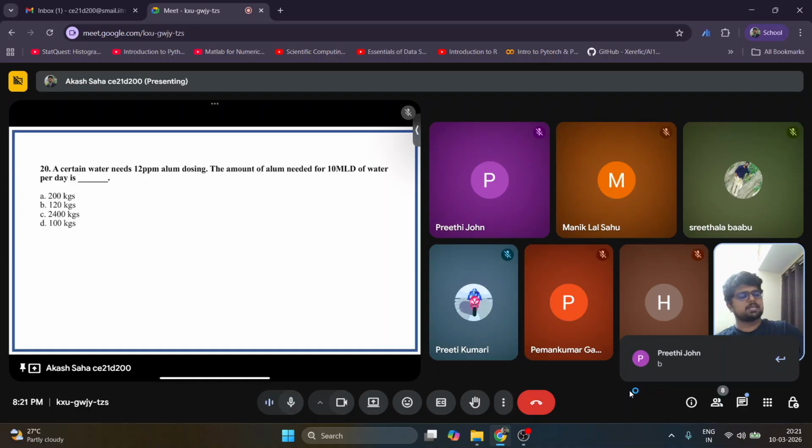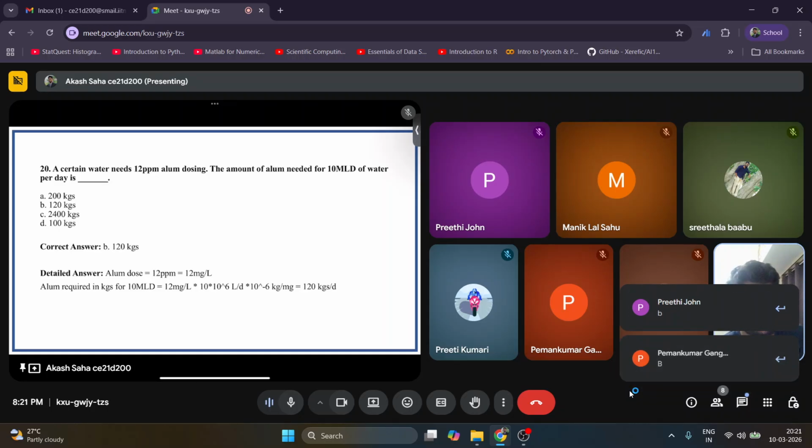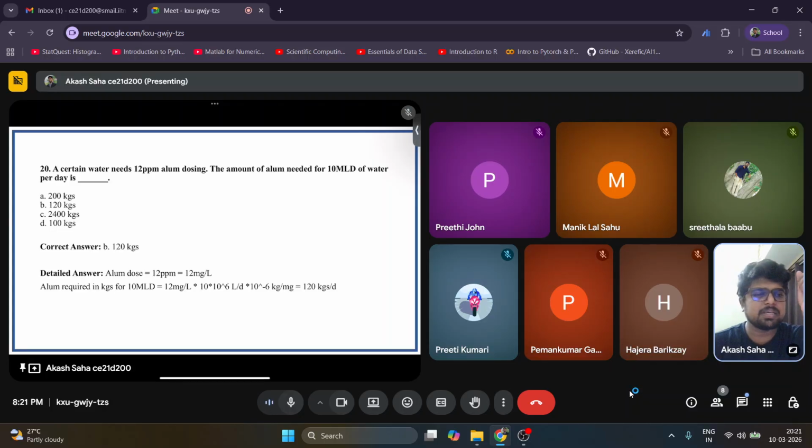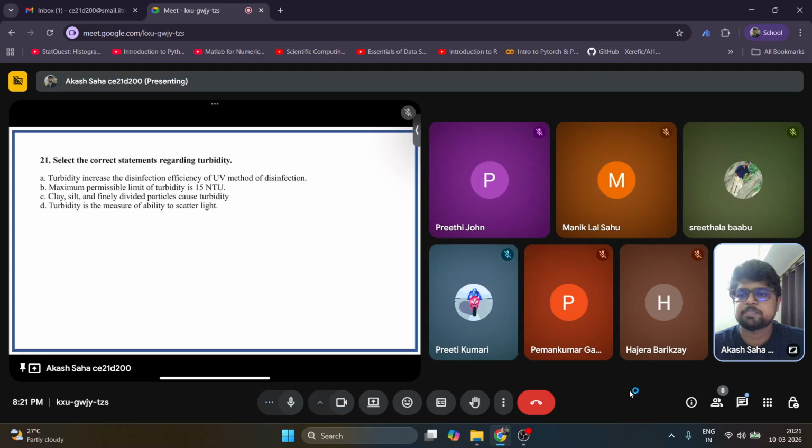Yes, B is the correct answer, because 12 ppm means nothing but 12 milligram per liter. So 12 milligram per liter into 10 MLD, that is 10 into 10 to the power 6 liters per day. So we will get something in milligrams. Convert into kg, it will be 120 kg per day. So just multiplication, nothing else.